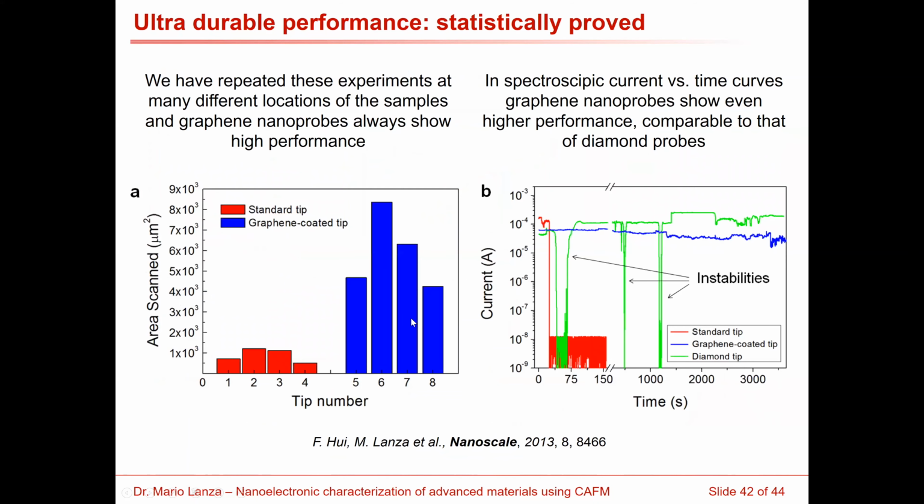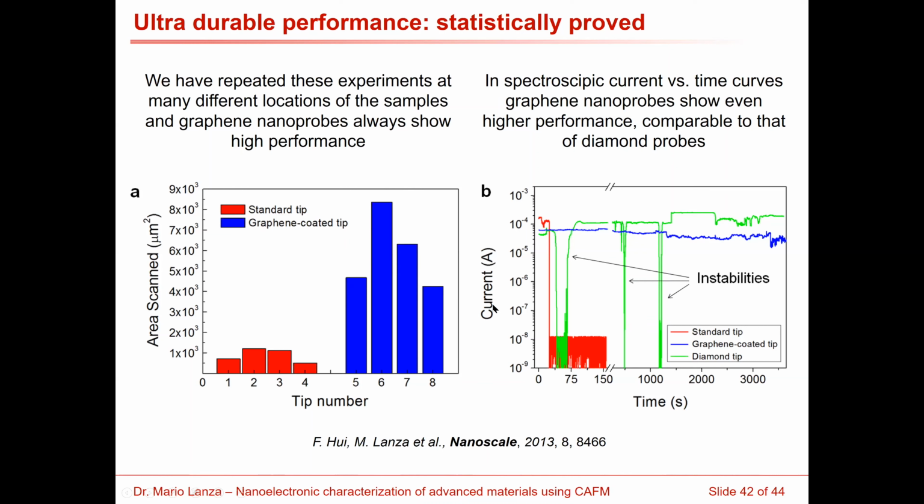Actually, we have repeated this experiment in multiple tips and at different locations of the sample, and we always observe that the graphene coated tips can scan a higher amount of area. This is important because doing the experiment only with one tip will not be meaningful. There is always a variability from one tip to another. And in all cases, we observe that the graphene coated tips live longer.